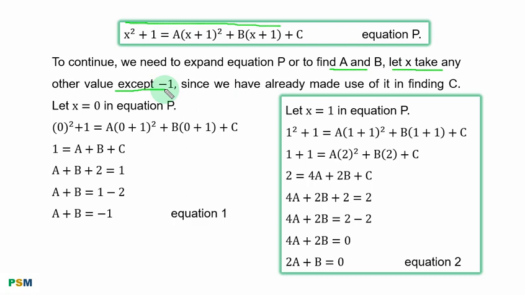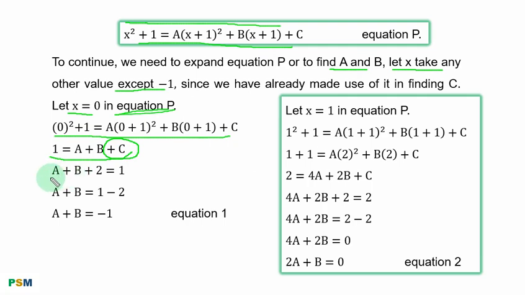So let s equal to 0 in equation P. So I will come here and replace s with 0. I have it in this form. That is 1 equal to A plus B plus C. And previously, C is equal to 2.